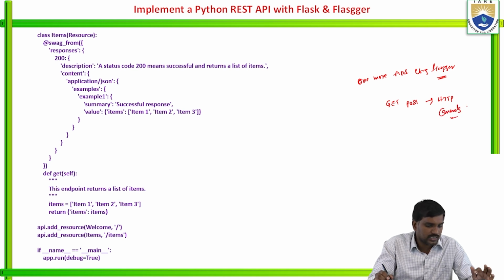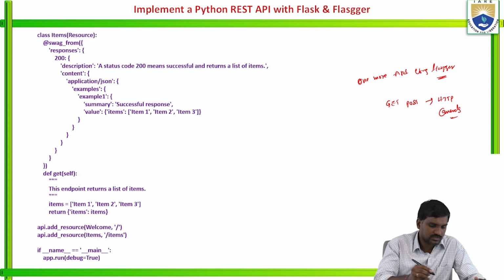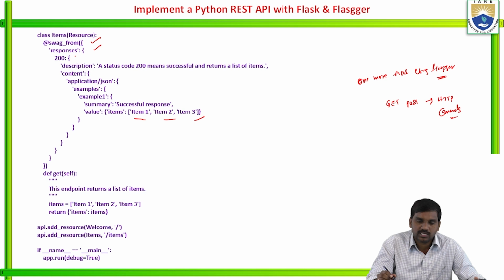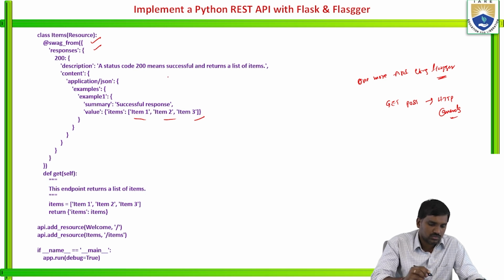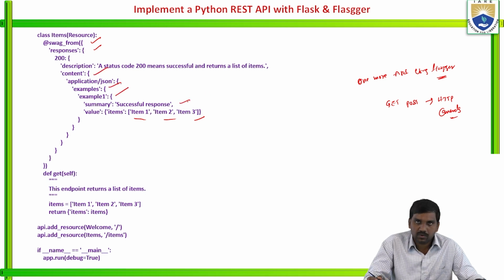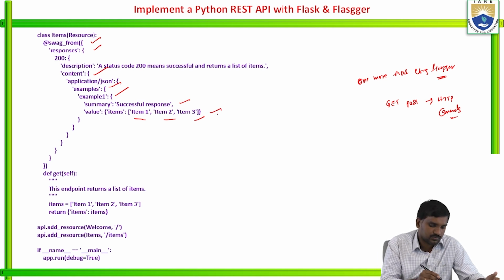So here the items are item 1, item 2, item 3, and the swagger responses are the 200 code, that is OK. The description is 200 means successful return. Here application/json, example 1, example 2, the summary is successful response. Based on that, the value of items is item 1, item 2, item 3. Close all the brackets. Next, the definition get(self) here. This endpoint returns a list of items: item 1, item 2, item 3. You can return the items at the end of the program.